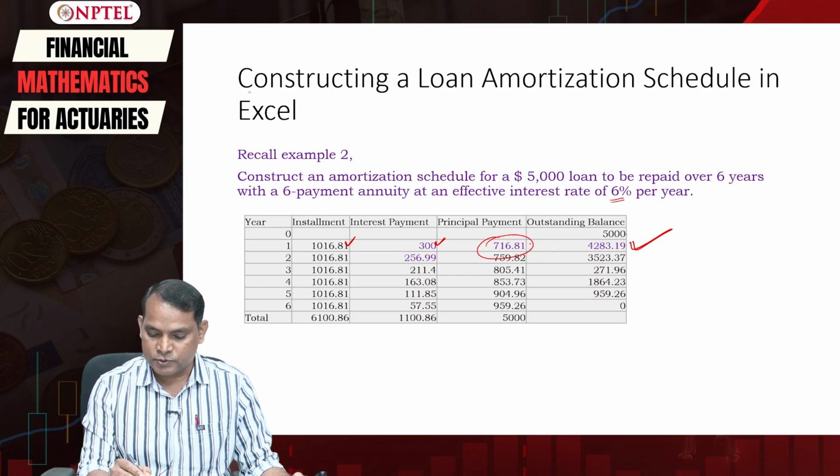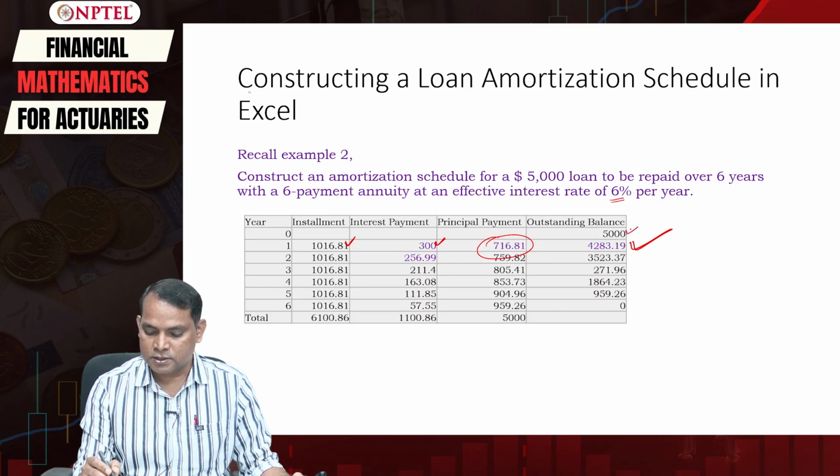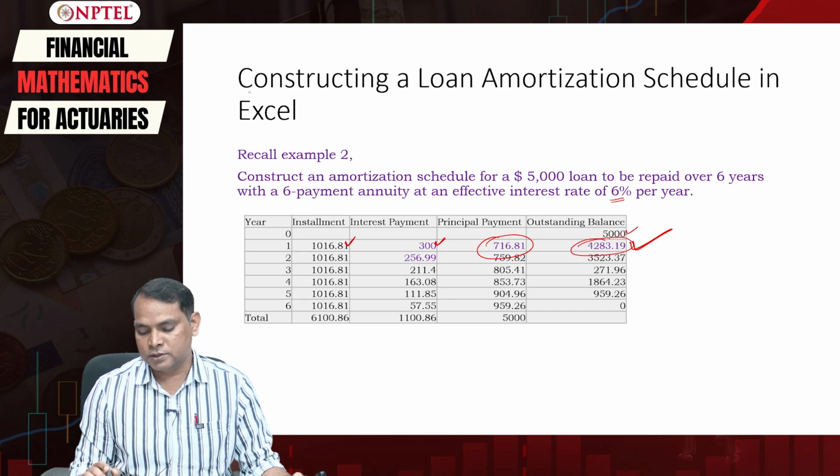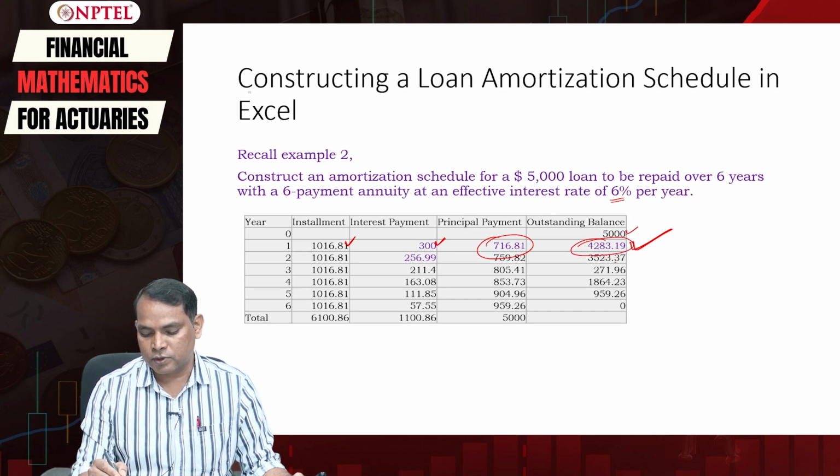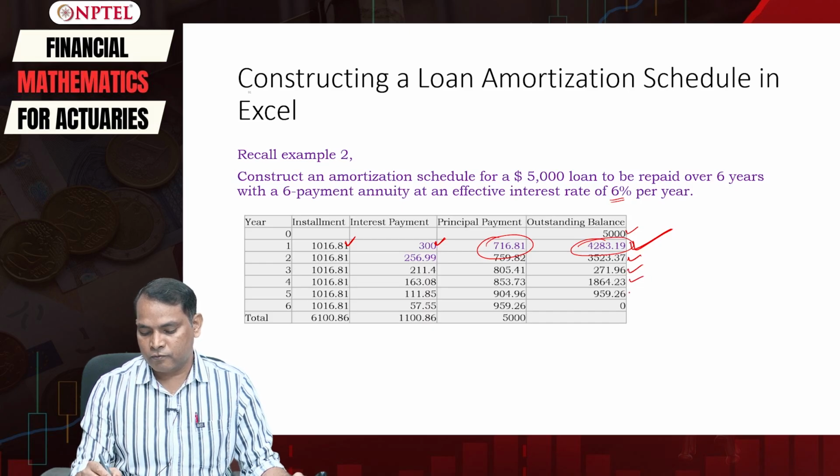This much will be reduced from the initial loan balance, which gives the outstanding loan balance at period 1, that is B1 is equal to this, B2 is equal to this, B3 is equal to this, B4 is equal to this, and B5 is equal to this, and therefore the balance at the 6th period will be equal to 0.